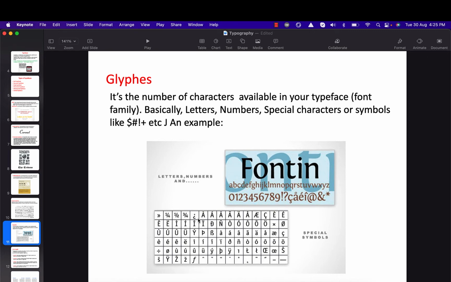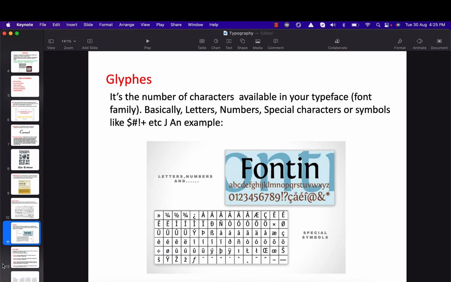German has special characters on top, and they have some kind of glyphs. So this we call glyphs. I'm not talking about Hindi font, but this looks like English, but there are glyphs available so that this font can easily translate into multiple languages. I'm talking about German, Spanish, etc.